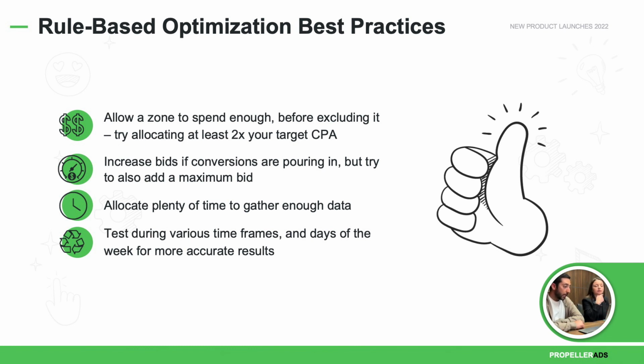So increase a bit if conversions are good, and vice versa. And allocate plenty of time to gather enough data. Give it 24 hours. In some cases, even a week would be nice, for sure, in a long-term offer and campaign.